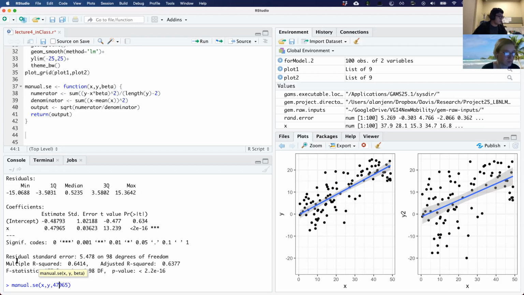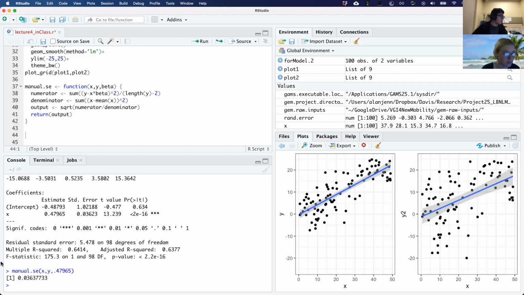And you can see 0.03637, so 0.03623. Okay, so fairly close. It's going to be kind of a rounding error due to the fact that I'm not putting in the exact values here. But you can see that the calculation is going to be quite close.